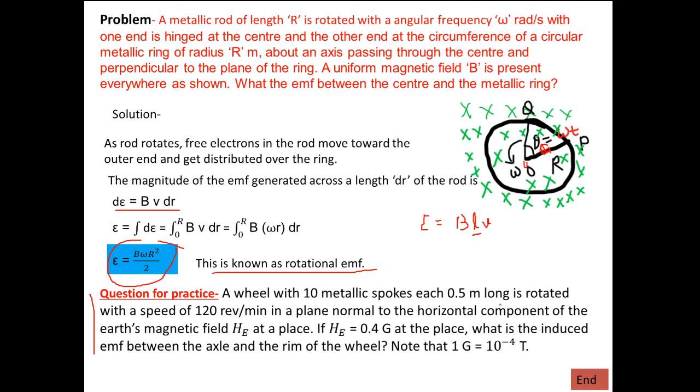The horizontal component of the Earth's magnetic field at that place is 0.4 Gauss. What is the induced EMF between the axle and the rim of the wheel? We know 1 Gauss equals 10 to the power minus 4 tesla. You have to do this.